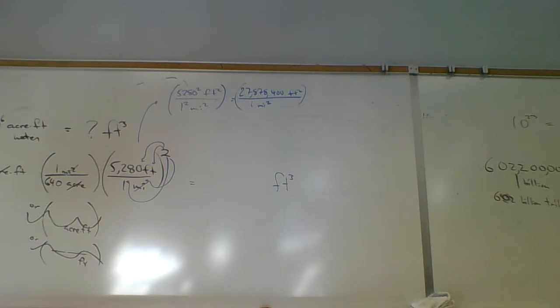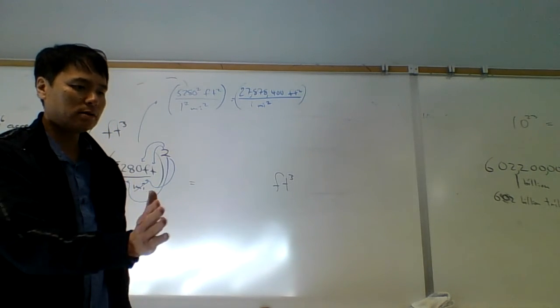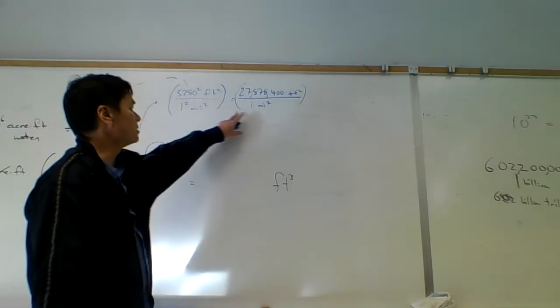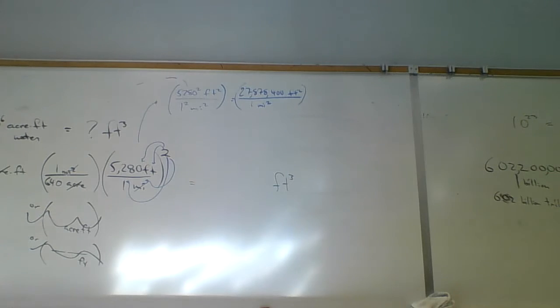Okay, so I don't want to do multiple calculations. I'd rather do this all in one sequence, so I'm not going to do this side calculation here. If I were going to punch this in the calculator, this is the way I punch it, and you can try it too to see if it works.